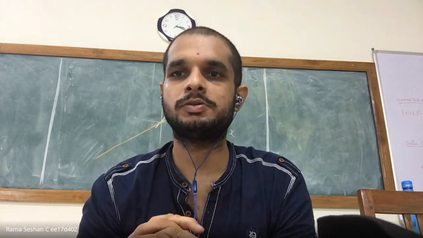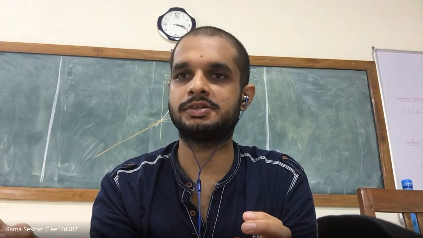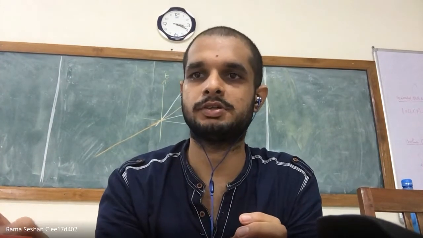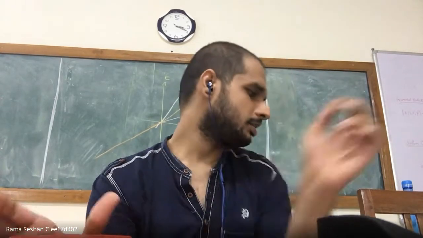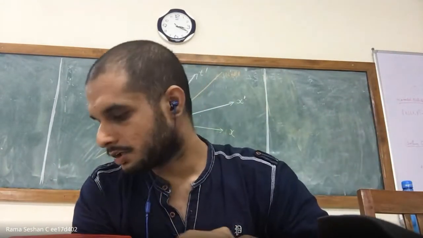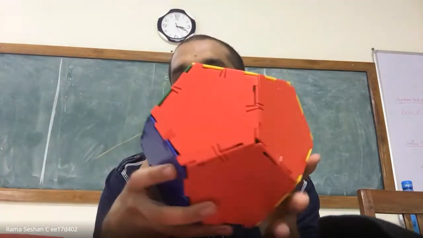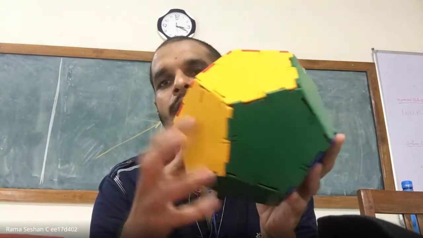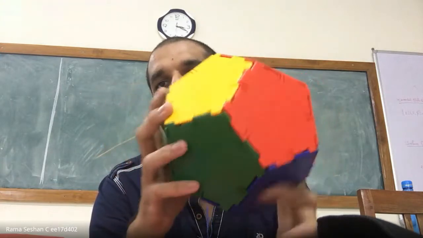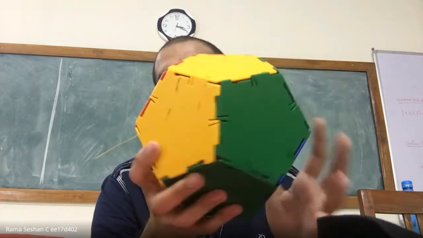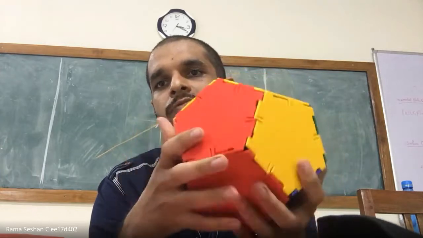Now I want to introduce you to something called intrinsic geometry. That is very, very important. For this, I want you to imagine you are an ant living on the surface of one of these polyhedra. You are free to move about the surface, but you don't know of the world outside.